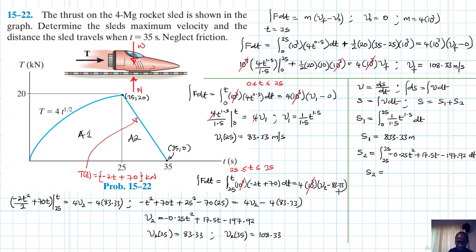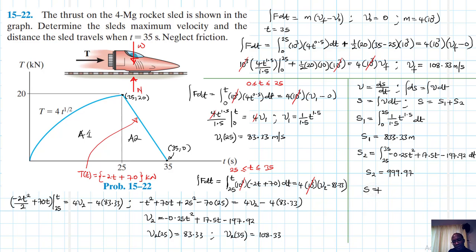Then we can say minus, I'll bracket the rest, again minus 0.25 times 25 to the power 3 divided by 3, then plus 17.5 by 25 squared divided by 2, and minus 197.92 by 25, close brackets. So this one gives me 999.97.